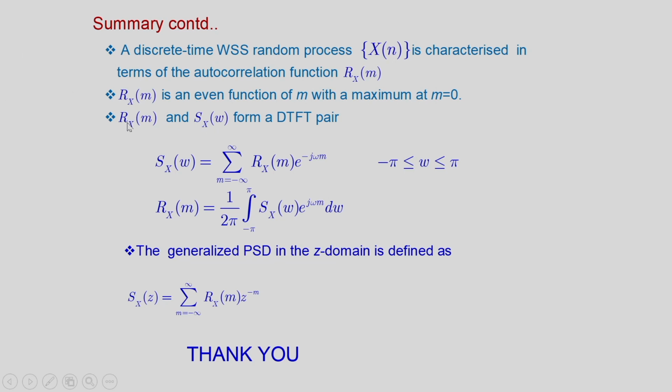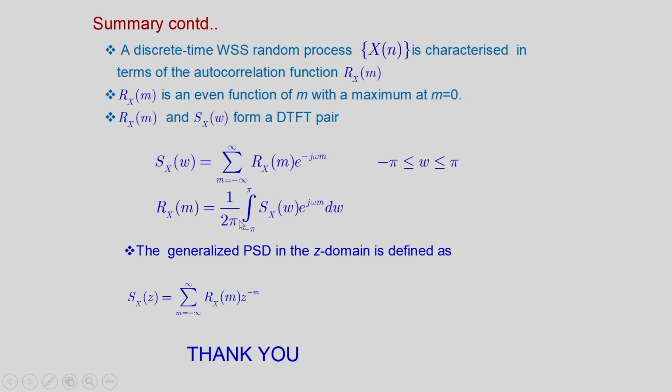Then this is the Wiener-Khinchin theorem for a discrete time random process: the autocorrelation function and power spectral density form a DTFT pair, that is, Sx of omega is the discrete time Fourier transform of the Rx of m sequence. Similarly, Rx of m can be found from the PSD by this expression.